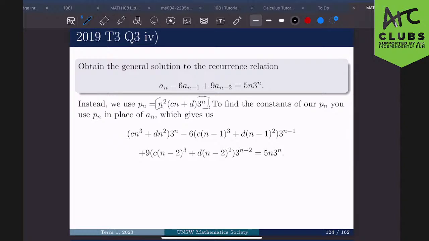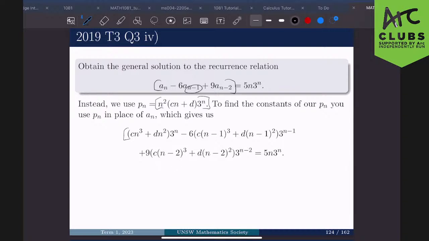So now we just sub the particular solution into this, right? In here we've just multiplied in the bracket, and this n minus 1 obviously becomes n minus 1, and the same thing for n minus 2.